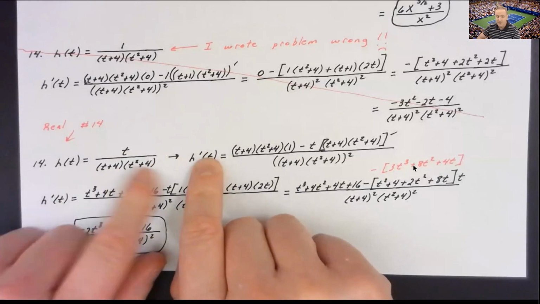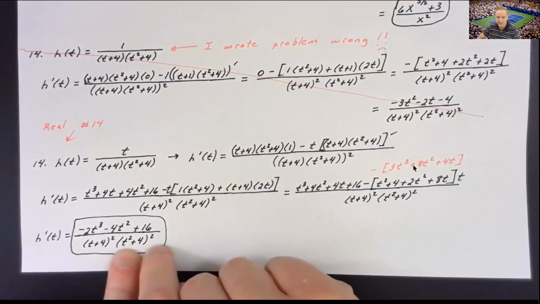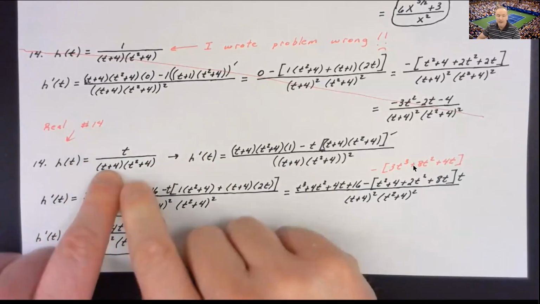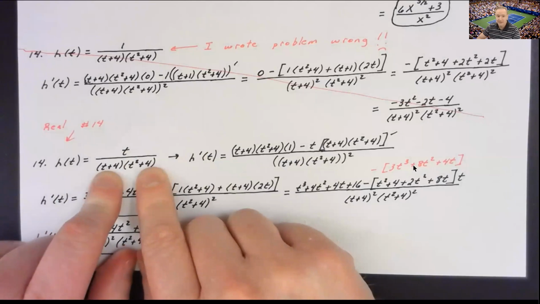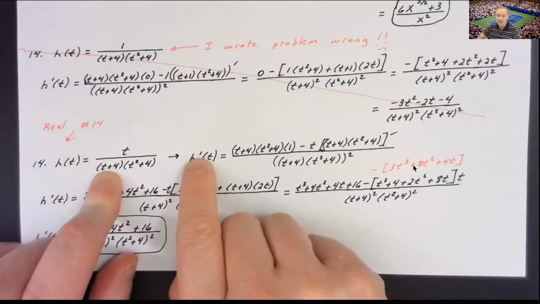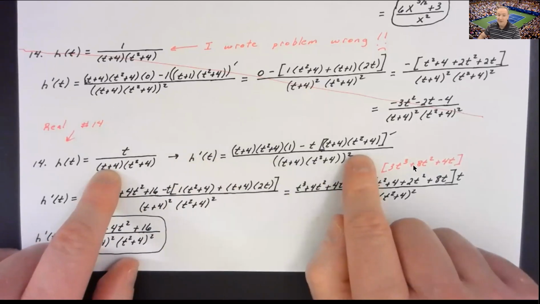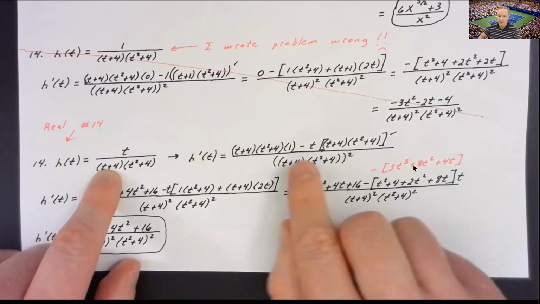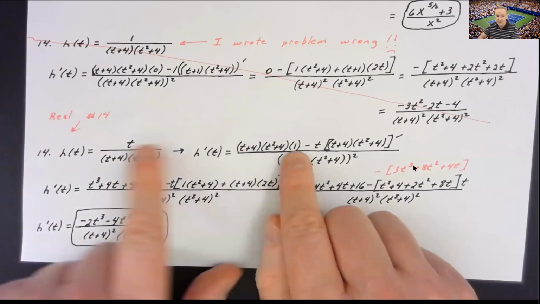Now, whether you algebraically simplify or not, your final answer is going to be the same. It'll just be in a slightly different format. But now I can go in and say, well, if I leave my original problem like they intended, the derivative says we're supposed to square the denominator. That's what I did. Then the derivative says we're supposed to bring that denominator up to the numerator times the derivative of the numerator.